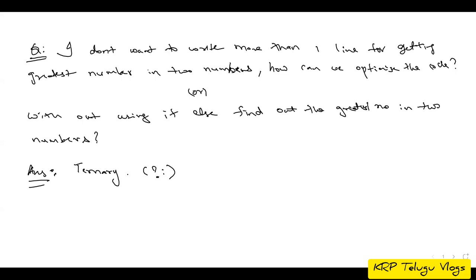Okay. So now how can we write code for that? To find the greatest number in two numbers: void main, int a is equal to 2, b is equal to 3. How does the ternary operator work? a greater than b.